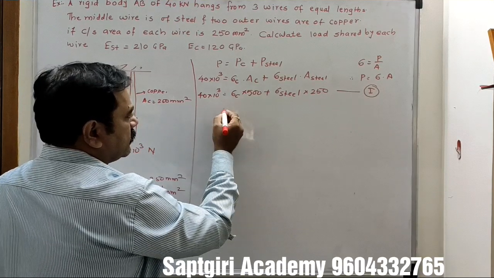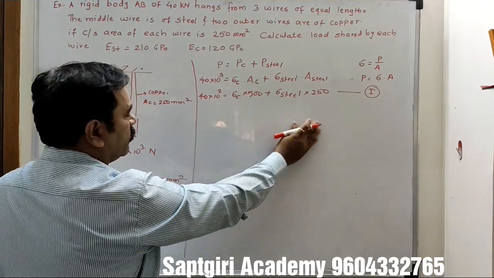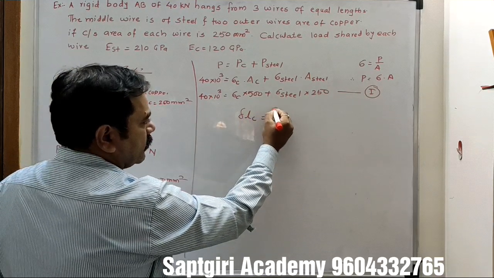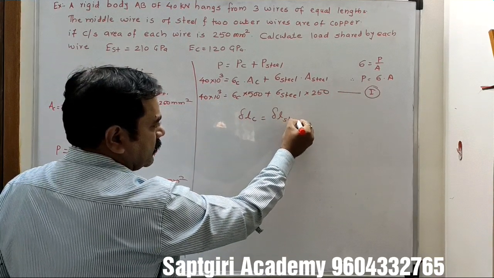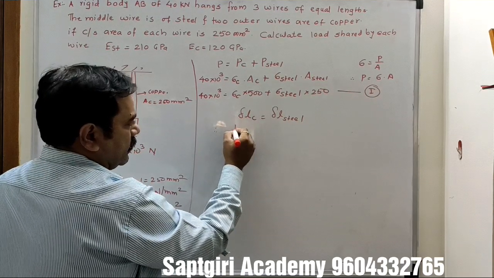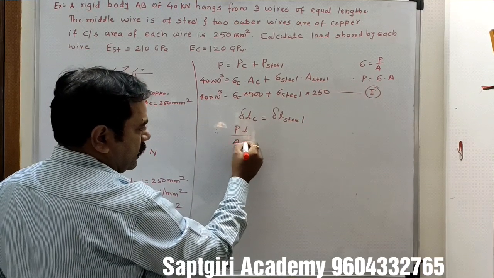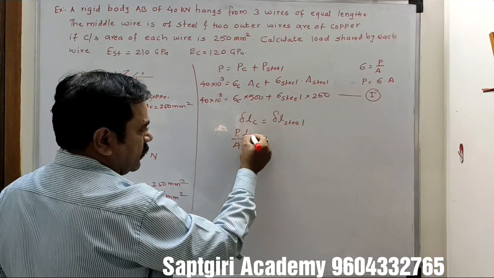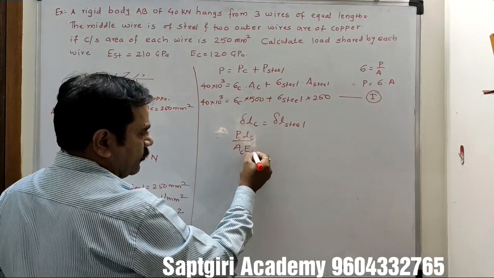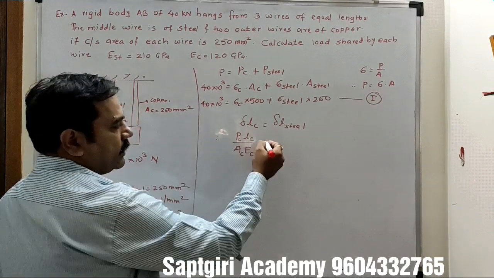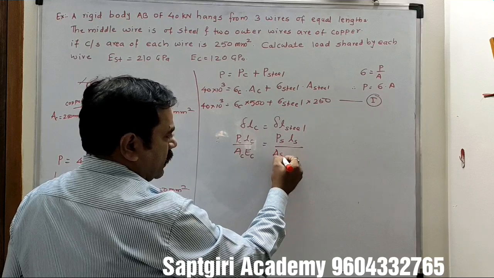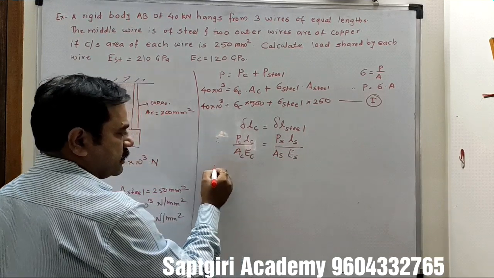Now the second condition is that the change in length is the same: delta L C equal to delta L steel. Therefore PL upon AE, with the load, length, area and modulus of elasticity of copper, equals PS LS upon AS ES.